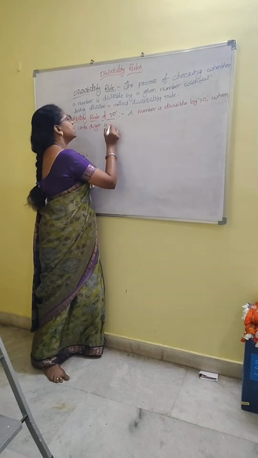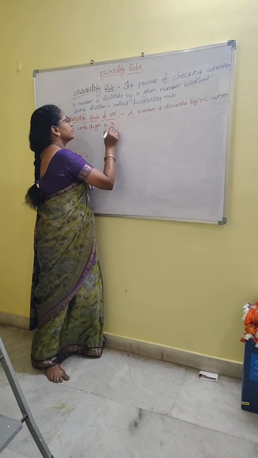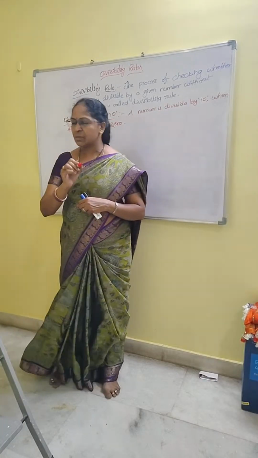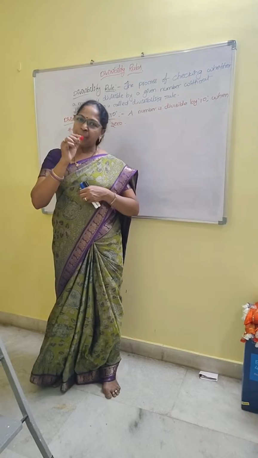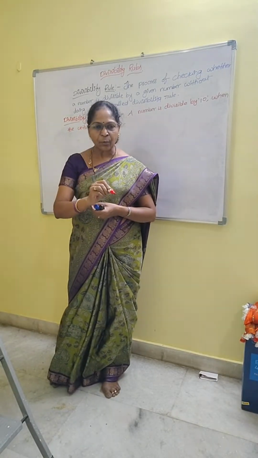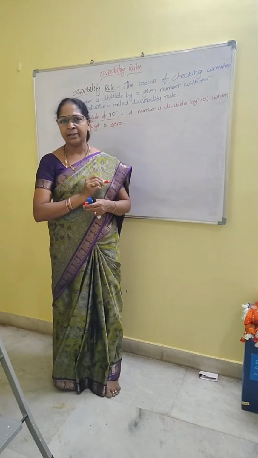When the unit digit is 0, then only the given number is divisible by 10. That is the divisibility rule of 10. If the unit digit is 0, then only you can say that yes, the given number is divisible by 10.